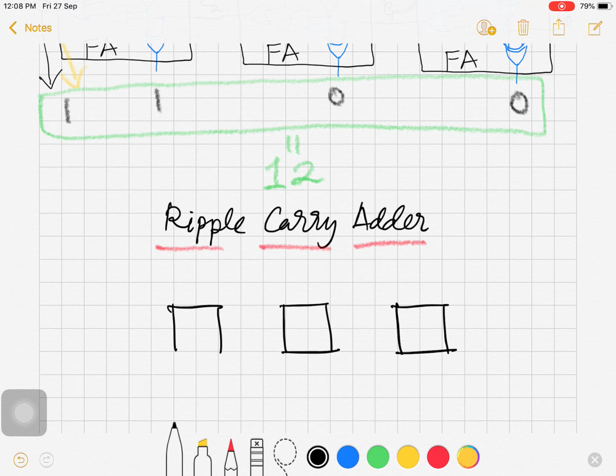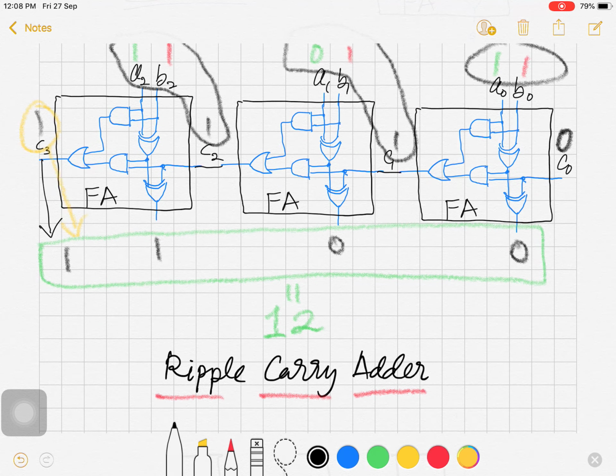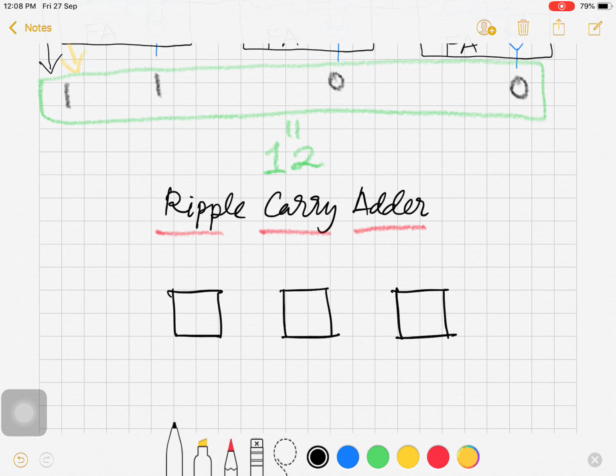So instead of drawing the internal architecture, the internal construction in detail, we just represent the full adder with a block. So these are full adders. And then we do this connection, and this is part of the answer.